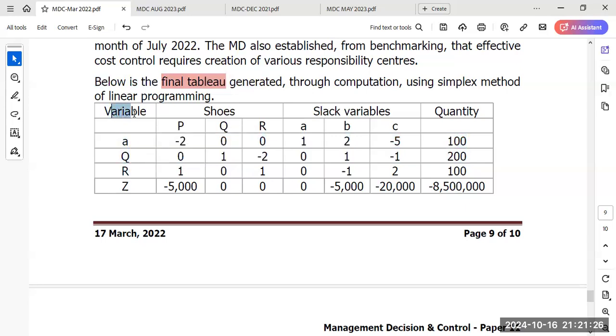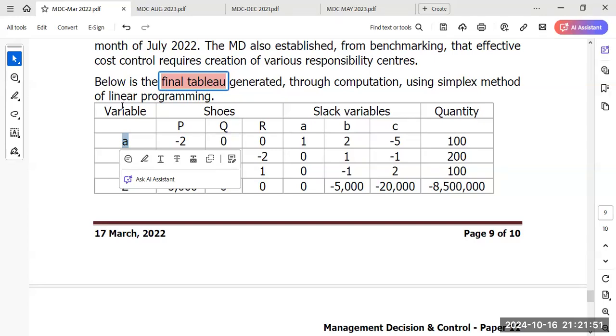This is your solution variable. Remember, your aim is to produce basketball shoes, soccer shoes, then workout shoes, so that you can tell how many shoes you have produced to maximize profit.